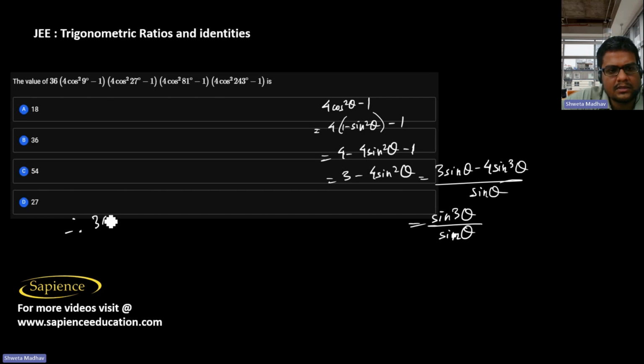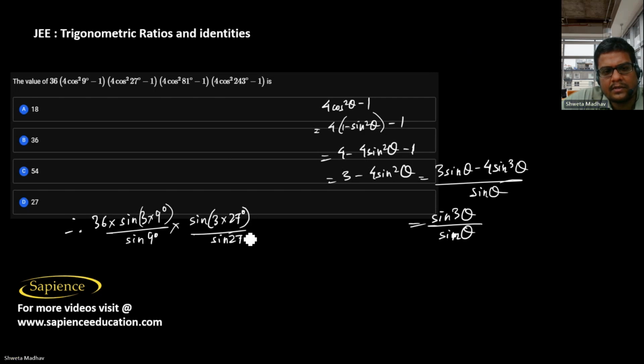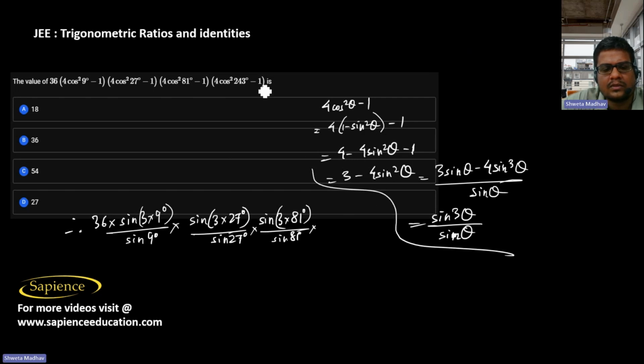So therefore we can write 36 into sine 3 into 9 degree by sine 9 degree, and this 4 cos square 27 degree minus 1, I can write sine 3 into 27 degree divided by sine 27 degree, and 4 cos square 81 degree minus 1 is sine 3 into 81 degree divided by sine 81 degree, into 4 cos square 243 degree minus 1, I can write sine 3 into 243 degree divided by sine 243 degree.